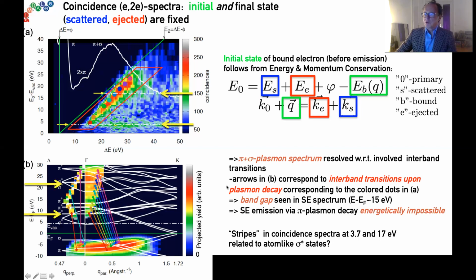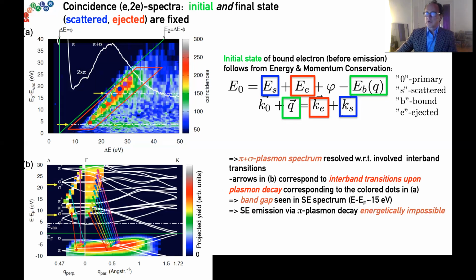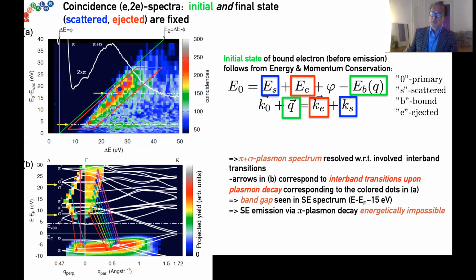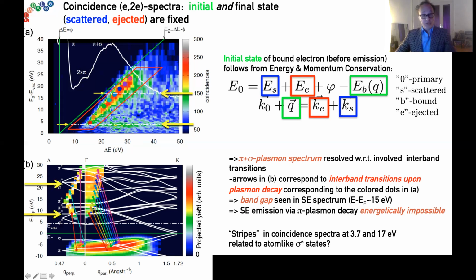And now, of course, if we look at these figures here, we note that these stripes in the coincidence spectra occur exactly at the location of these flat bands in the band structure here. So these atom-like bands. And the question then occurs how these stripes in the coincidence spectra at 3.7 and 17 eV are related to these atom-like sigma star states.